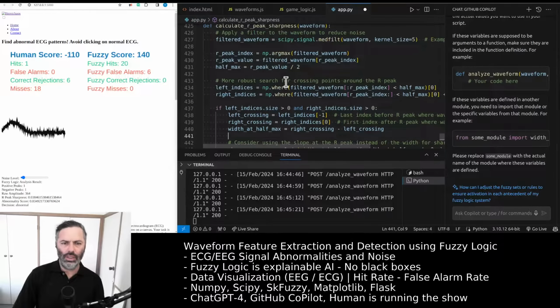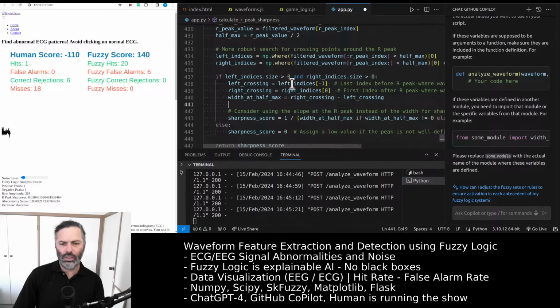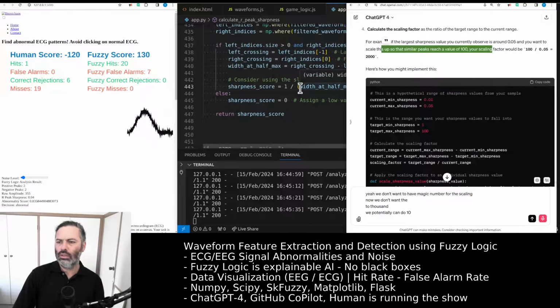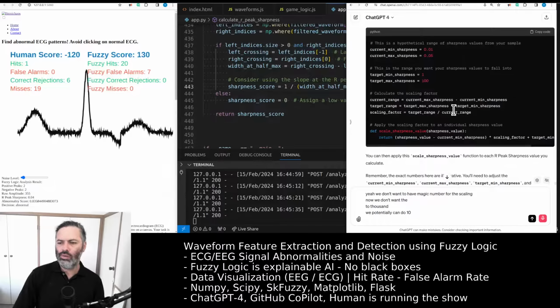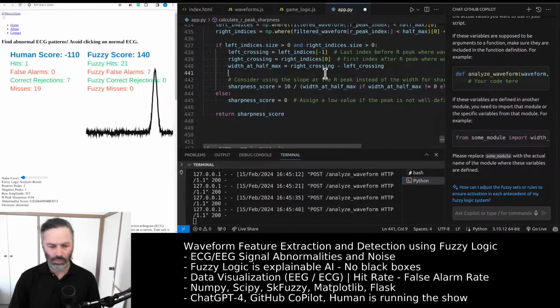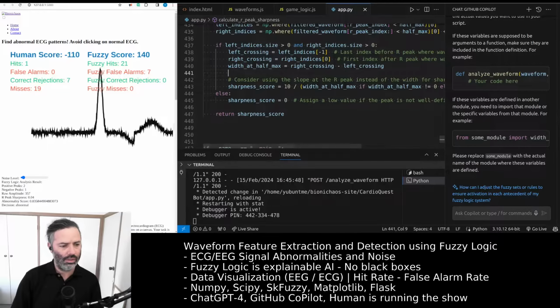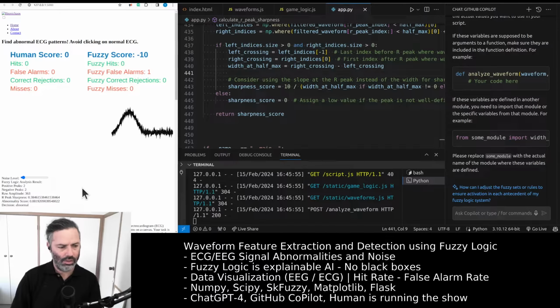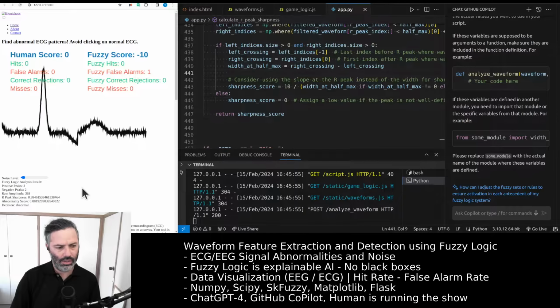We potentially can do 10. Let's just do 10 over there. Right, 0.38. Those numbers are more like it.